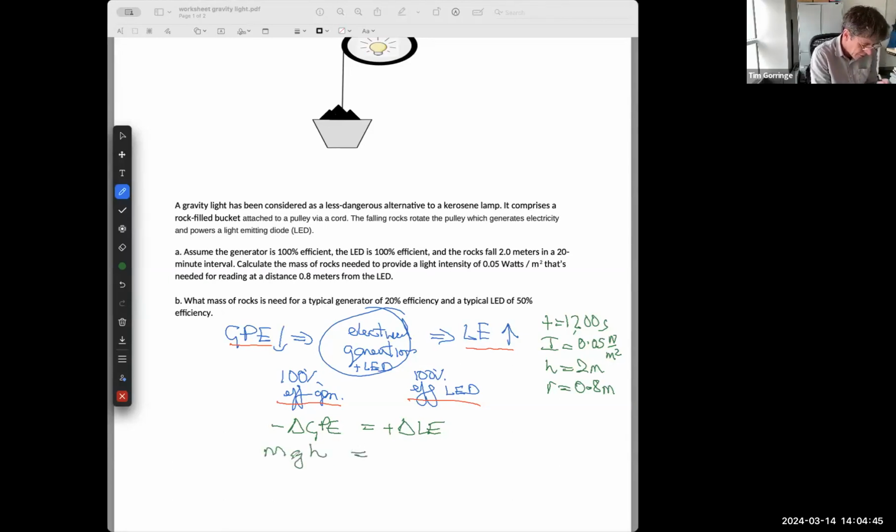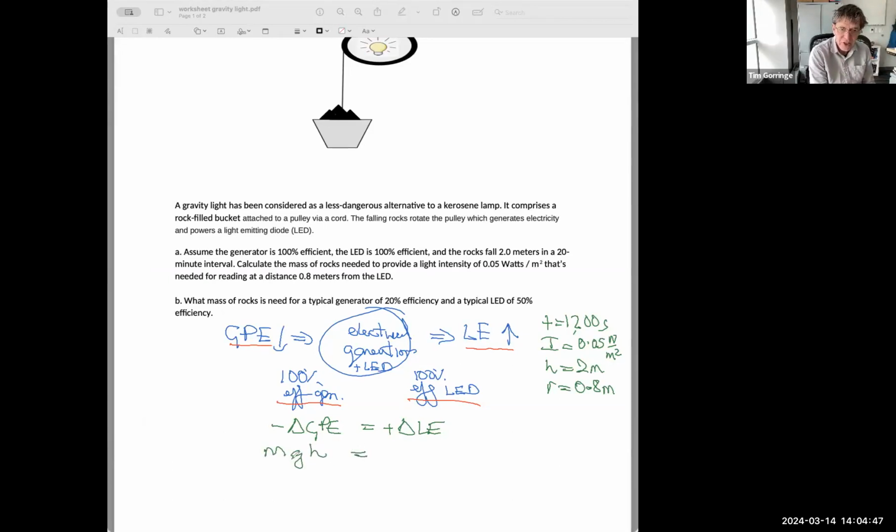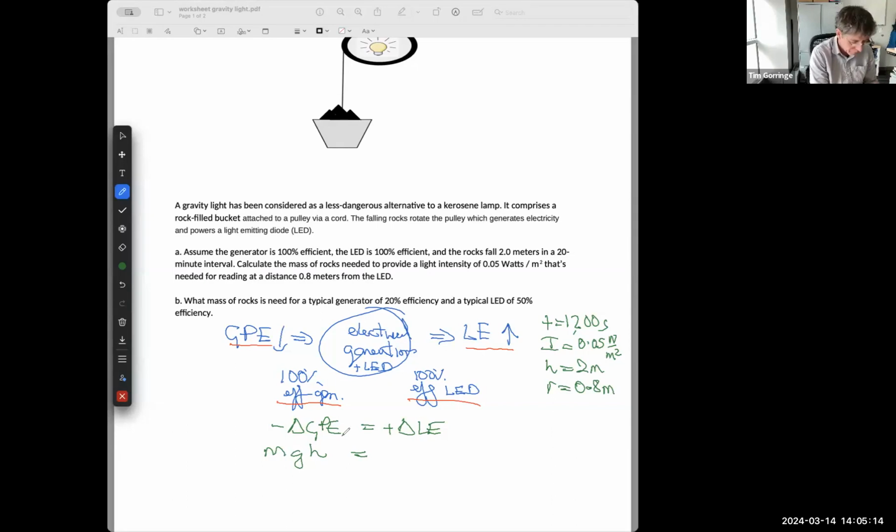On the left-hand side, the change in gravitational potential energy will be equal to mgh, where m is that mass of rocks that I allow to fall, g is the acceleration of gravity, and h is the distance that the rocks fall. And this is the famous equation for the change in gravitational potential energy when you either raise or lower a mass by some amount.